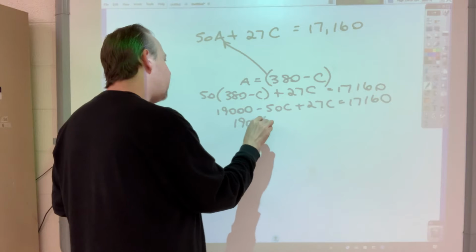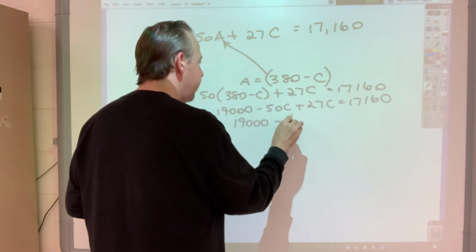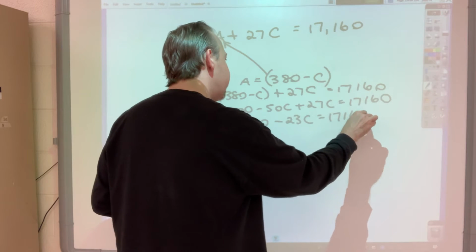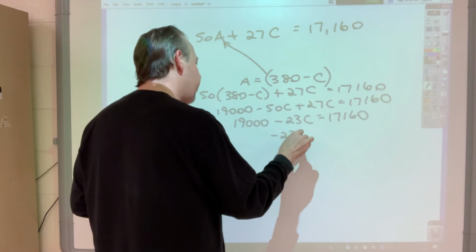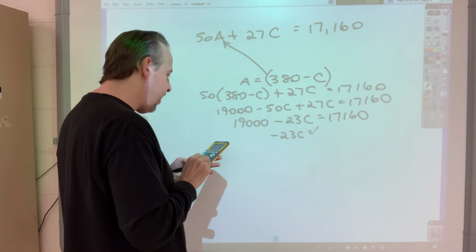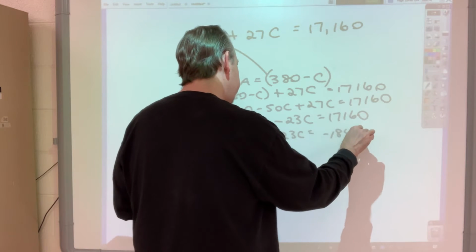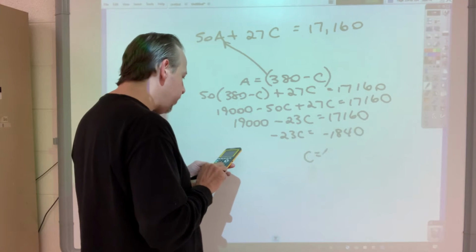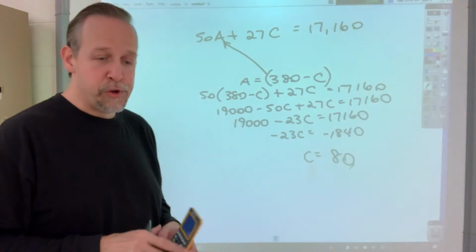Negative 50 plus 27 is negative 23. I'm going to subtract 19,000 from both sides. 17,160 minus 19,000 is negative 1,840. Divide by negative 23, and you get the answer. There were 80 children served.